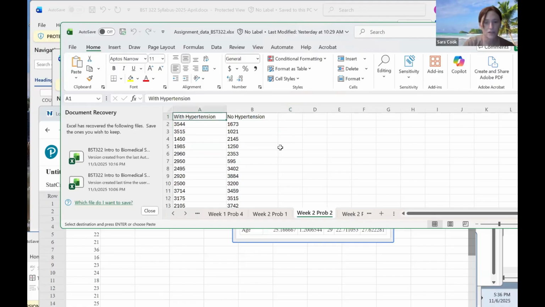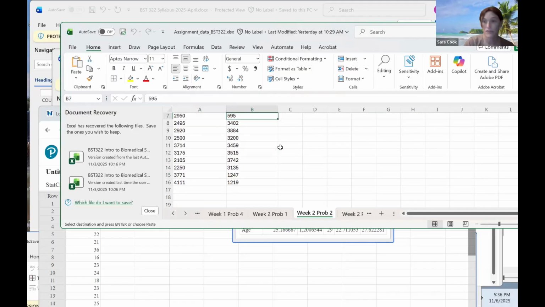If we were to look at the different study designs, clinical trials, randomized trials, observational studies, usually there's something that we're trying to compare. Somebody who's exposed, who's not exposed, someone who has a disease, who doesn't have a disease. And that's exactly what we're looking at here: women who have hypertension and women who don't have hypertension. And we want to see if the birth weights of their infants are different.